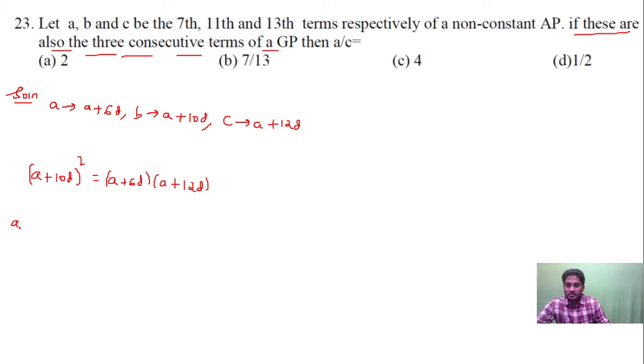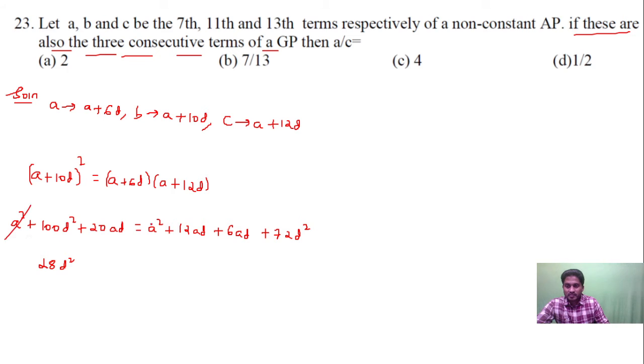Now this is a square plus 100d square plus 20ad is equal to a square plus 12ad plus 6ad plus 72d square. You shift to the left side, you get 28d square.